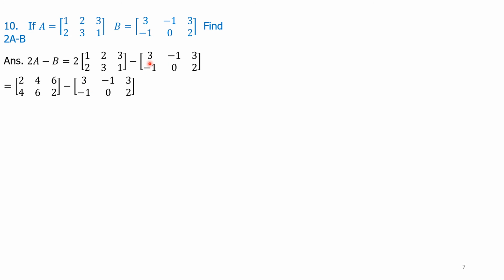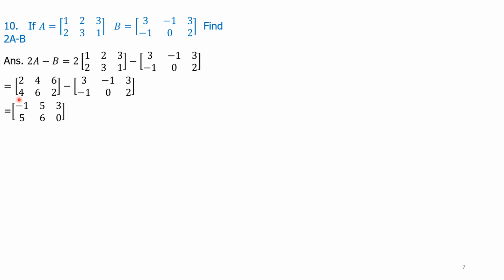Minus [[3, -1, 3], [-1, 0, -2]]. Both matrices are 2 by 3, hence we can perform subtraction. 2 minus 3 is -1, 4 minus of -1 is plus 5, and 6 minus 3 is 3.